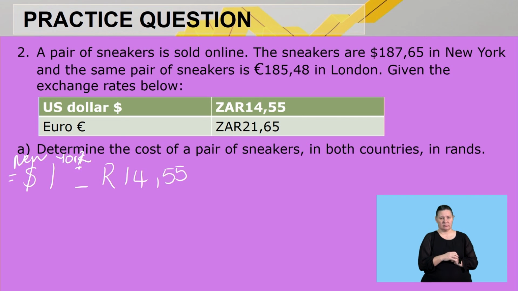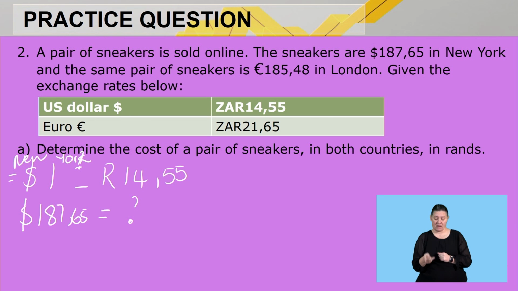So this one, I'm buying it from New York. Compared to South African rand, they cost 187.65 in US dollars. So now I'm converting. How much am I going to pay in South African rand?